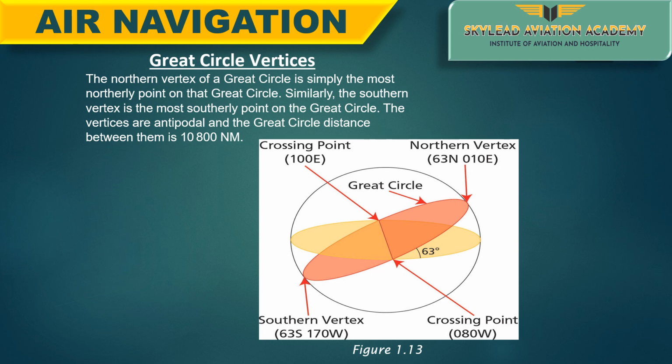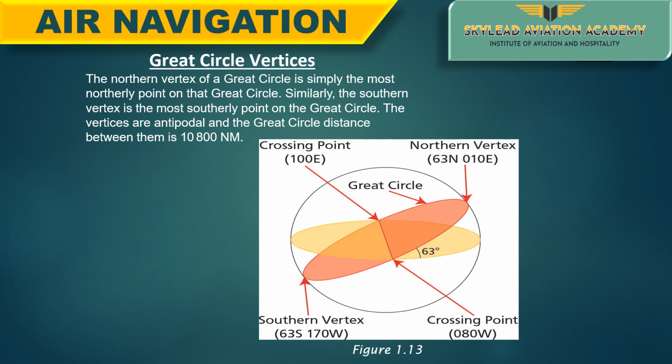The vertices lie on a meridian and anti-meridian and have latitude values of equal value but of opposite sides. For example, if the southern vertex of a great circle is 63 degrees south, 170 degrees west, its northern vertex will be 63 degrees north and 10 degrees east.